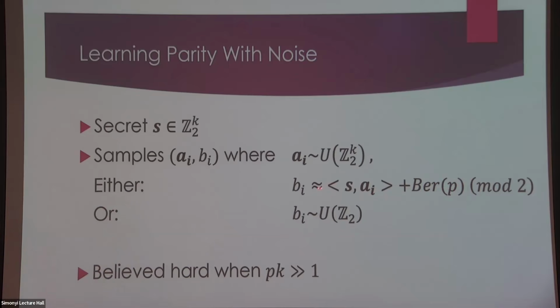So the LPN conjecture is that if I pick the right parameters, the probability of noise in comparison to the length of the vector, then it should be hard to distinguish whether I'm getting noised linear equations or completely random answers to each of the linear equations. So this is LPN, and what are the reasonable conjectures?